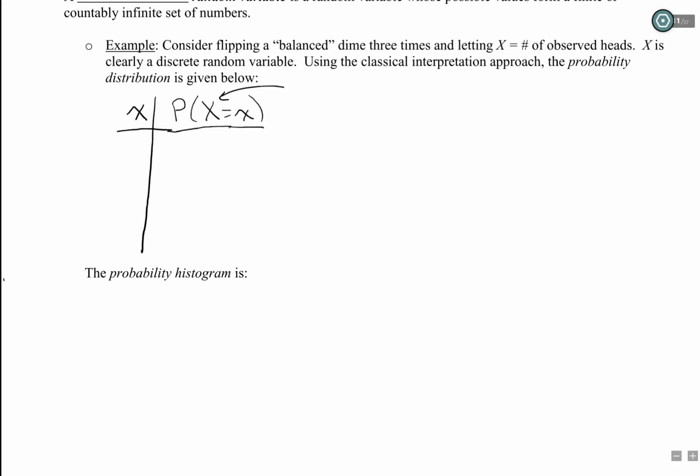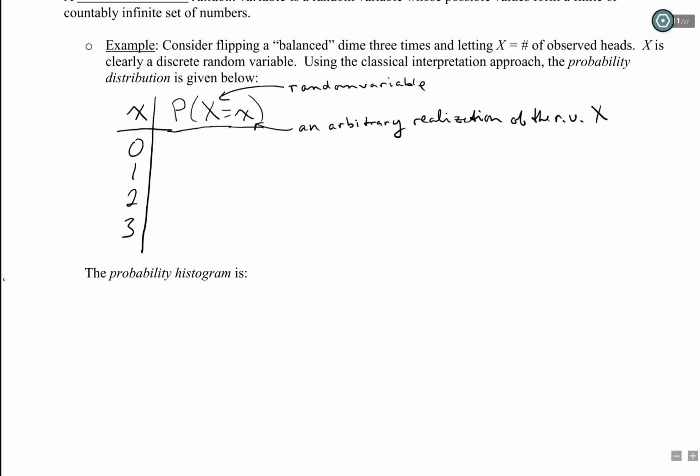The capital X is the random variable, and the little x is an arbitrary realization of the random variable, capital X. Notation-wise, the little x has this barb on top, and the capital X is just a standard capital X. Now I'm going to write out the possible values for X. Again, X is the number of heads out of 3 flips. I could see 0 heads, 1 head, 2, or 3.